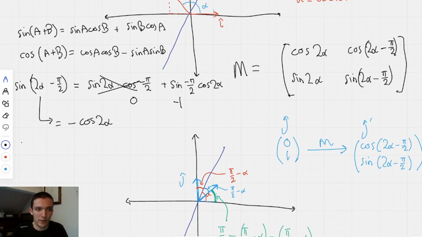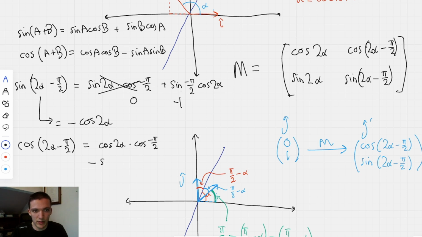And similarly for the other one, the cosine of 2 alpha minus pi by 2 is going to be the cosine of 2 alpha times the cosine of negative pi by 2, and we already know this is going to cancel out and become 0.